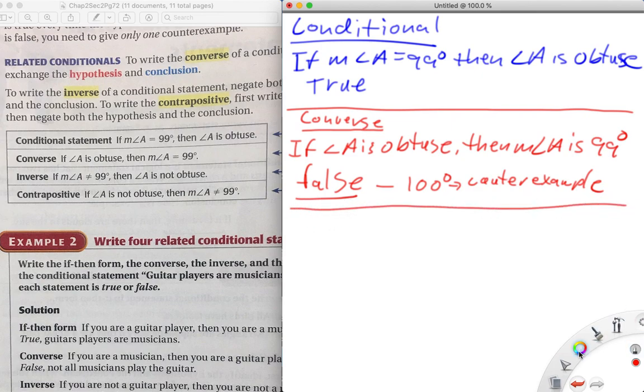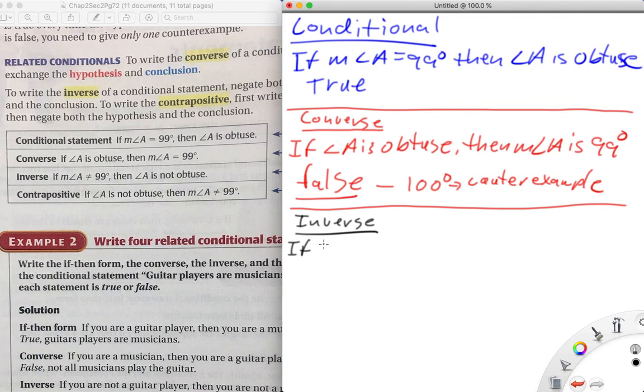Okay. So then we also have the inverse. And the inverse says, remember the inverse is the negation.